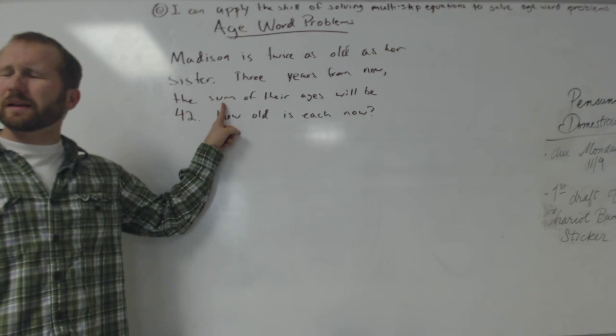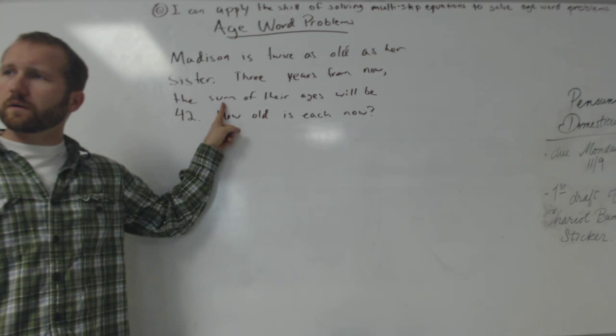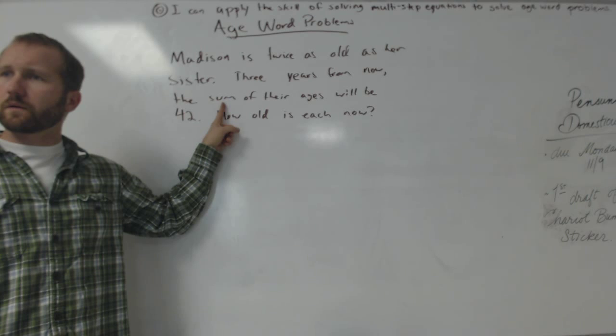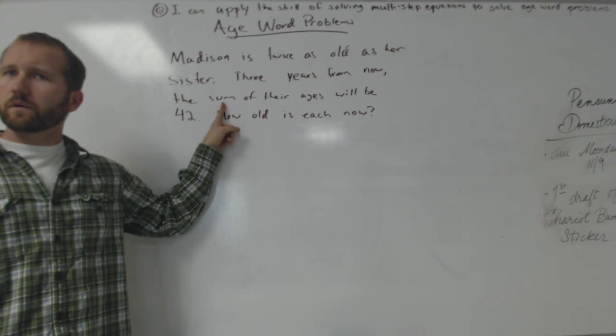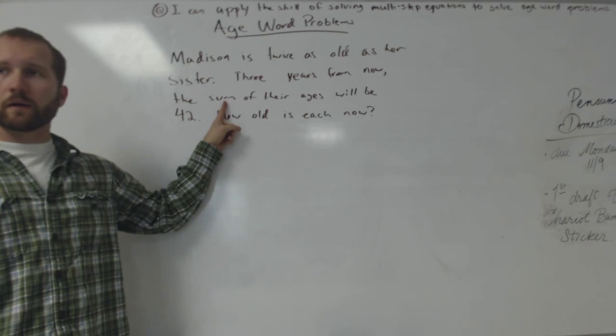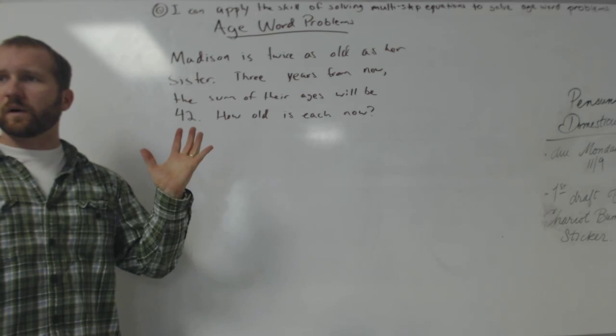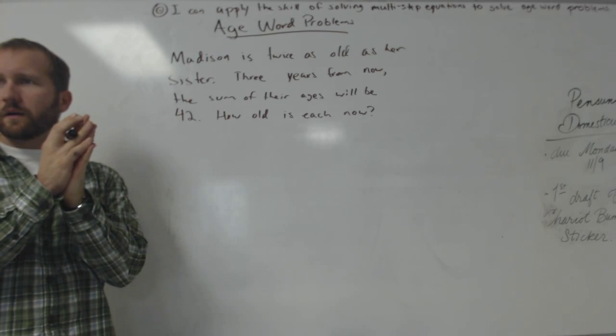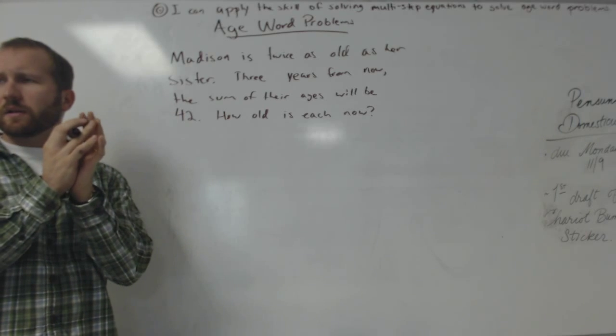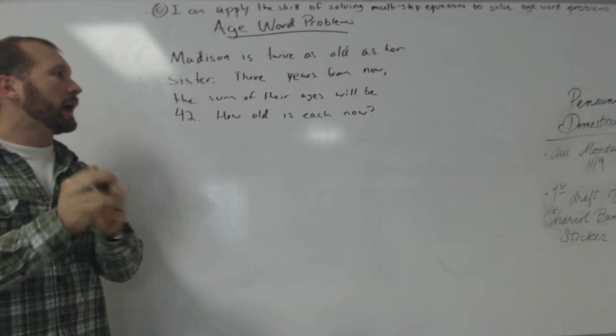Sum. What does sum mean? The number that is after the equal sign of an addition problem. The sum is how much it is when we put it all together by adding.